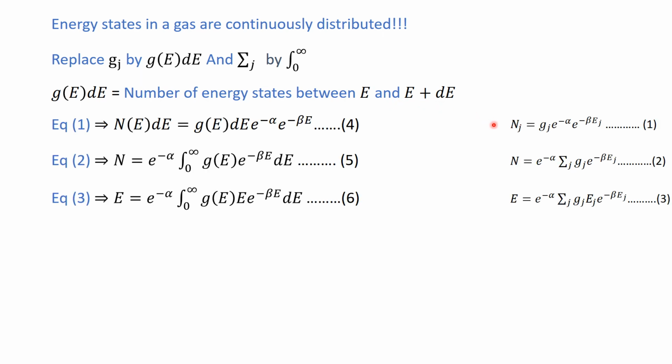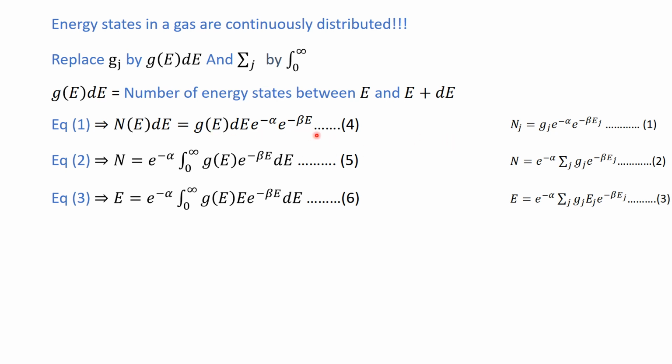So equations 1, 2, 3 on the previous slide could be modified like this: Nj will be replaced by Ne dE, and Gj will be replaced by Ge dE.